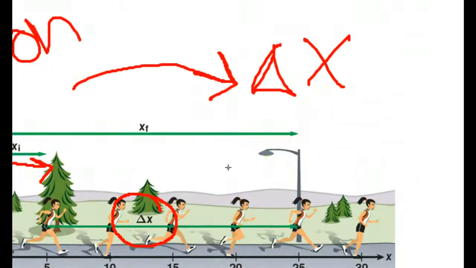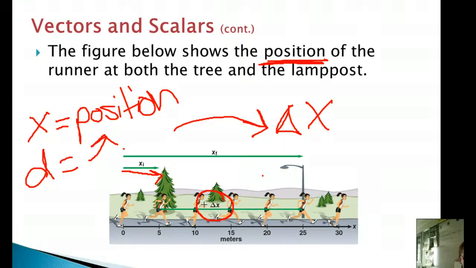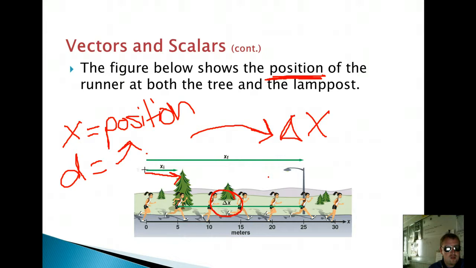All right, so now we're zooming out, okay? So, here we go. All right, so when we look at this, we have our final position minus our initial position. That's a change in position, and that's where we see this delta x come into play.